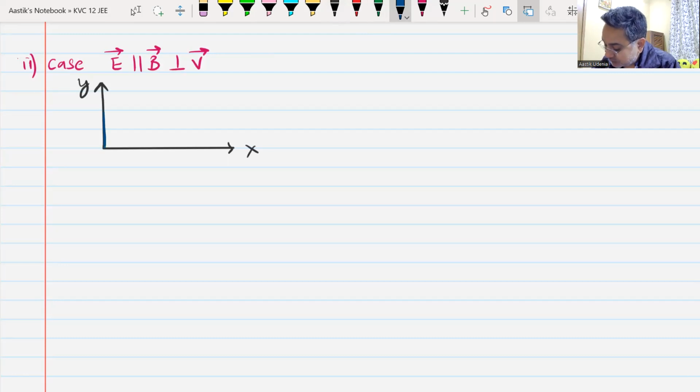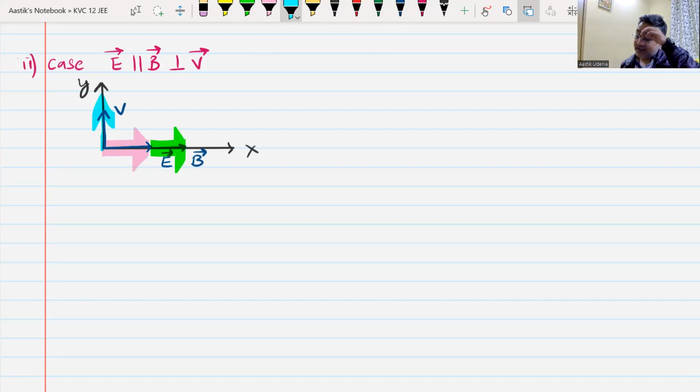Your velocity is along the y-axis, and your electric and magnetic fields are both along the x-axis. So your electric field is along the x-axis, your magnetic field is along the x-axis, but your velocity is along the y-axis. What type of motion will this have?